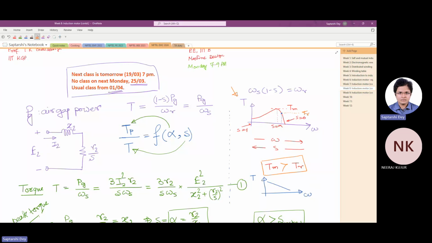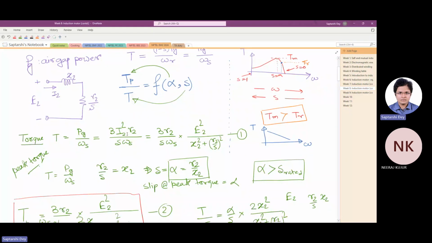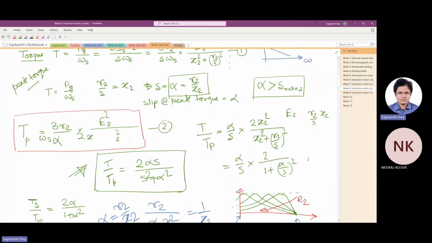Now, given that we derived this relation here: if alpha is the slip at which the peak torque appears, and S is any general value of slip where any value of torque T appears, then this is the relation of the developed torque and the peak torque.